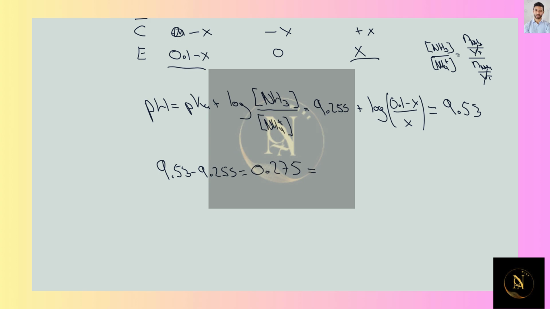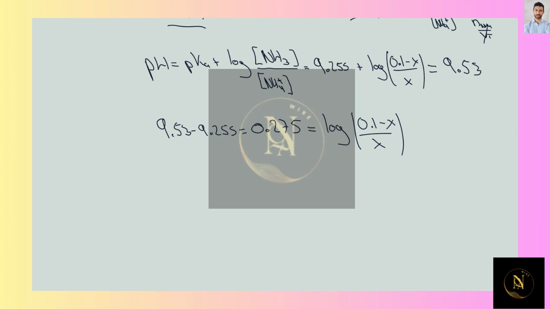And this is going to be equal to logarithm of 0.1 minus X divided by X. Rearranging this equation and getting rid of the logarithm, 10 to the 0.275 will be equal to 0.1 minus X divided by X.